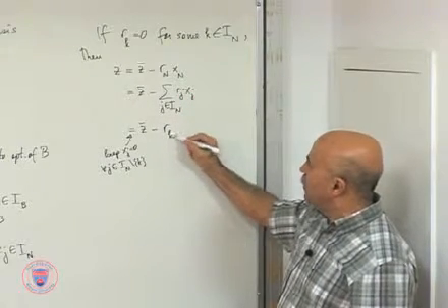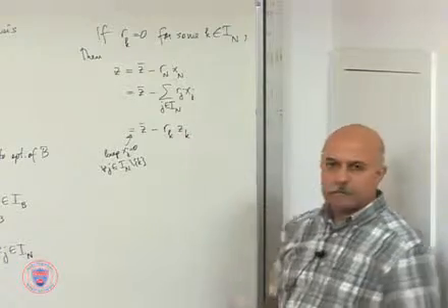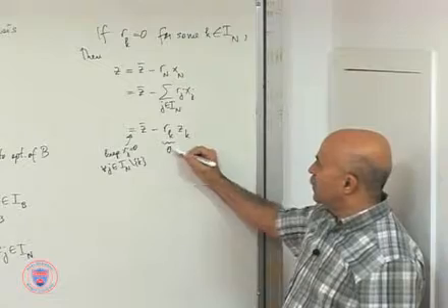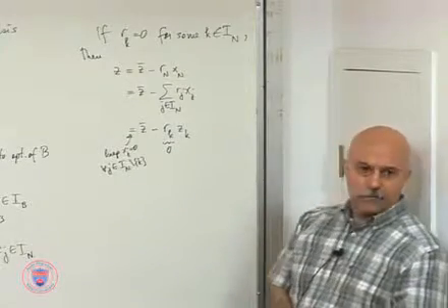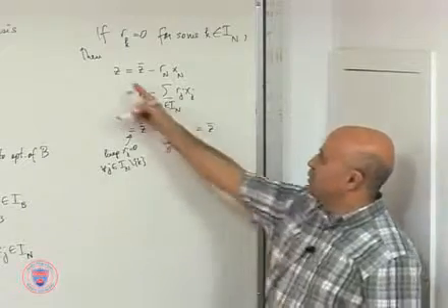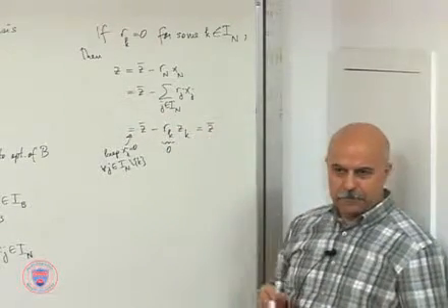It will be rk xk. But rk by assumption is equal to 0, which means that you're not changing the objective value. It's still the same. Okay?